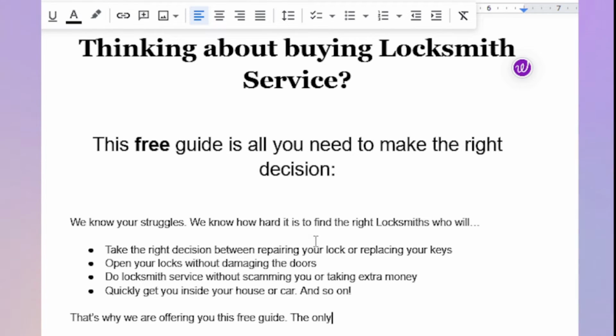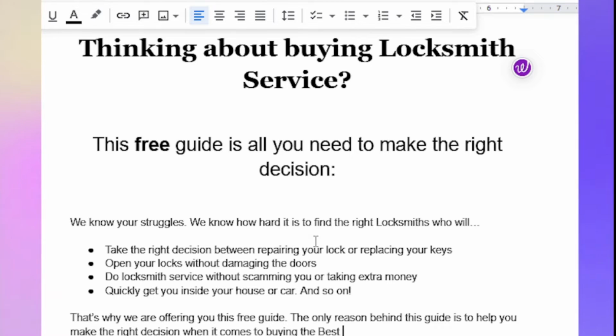The only reason behind this guide is to help you make the right decision when it comes to buying the best locksmith service.